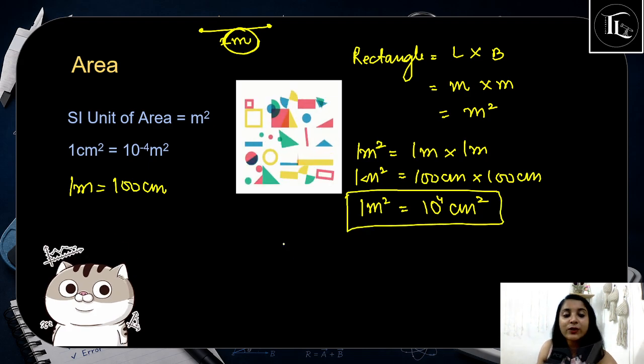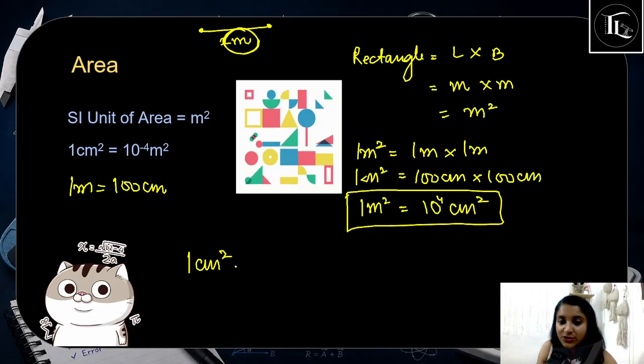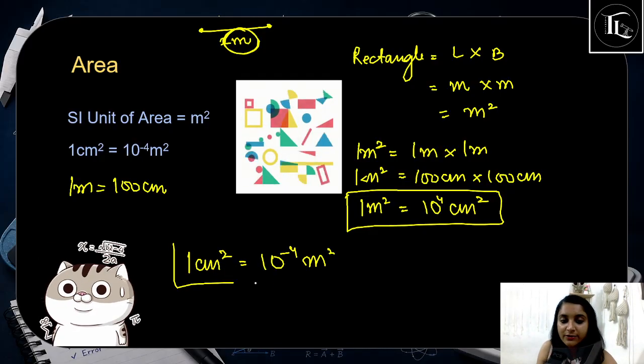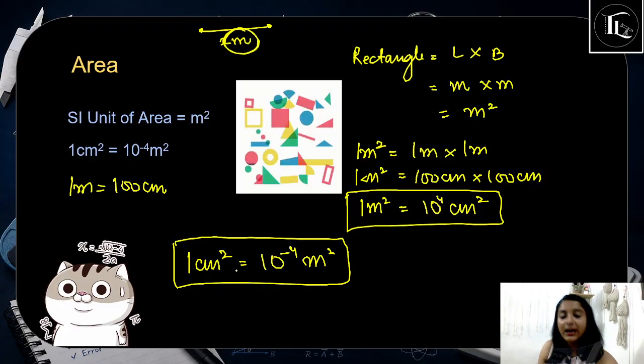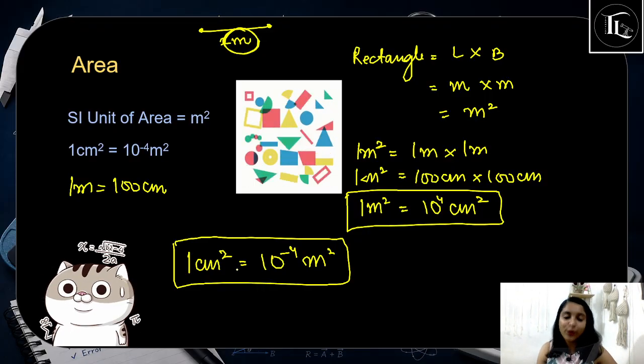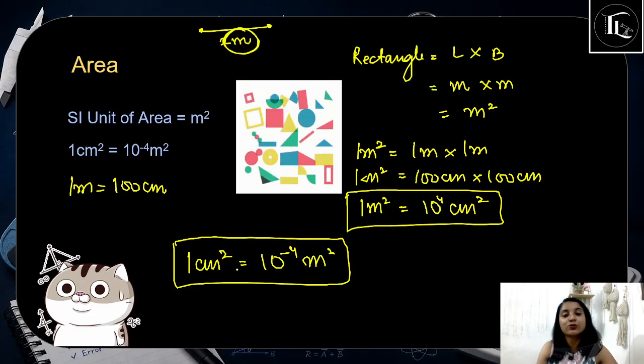So 1 meter square is 10 raised to power 4 centimeter square, and 1 centimeter square would be 10 raised to power minus 4 meter square. I hope this is clear. These conversions are very important. Similarly, you can do for millimeter square to centimeter square or millimeter square to meter square.